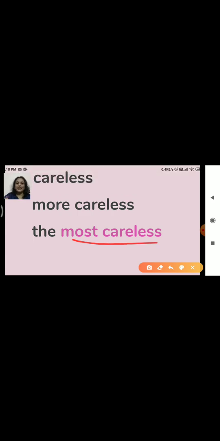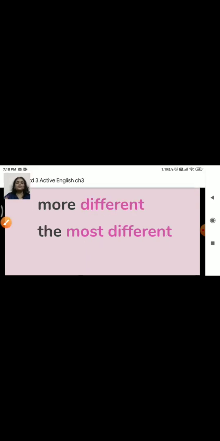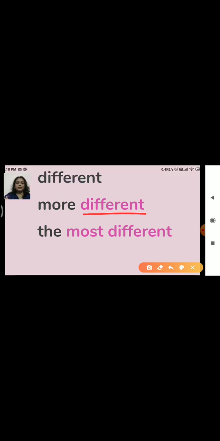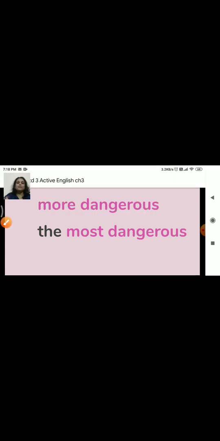Let's move on. Another word is different: more different, the most different. This word is added, and the most different. So what we did here, we added more and most.